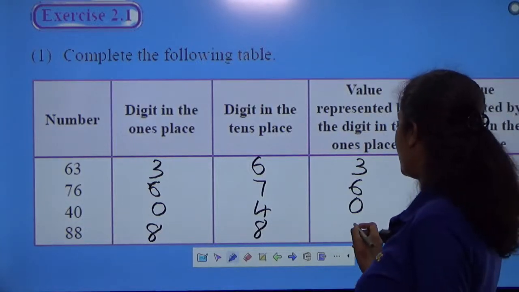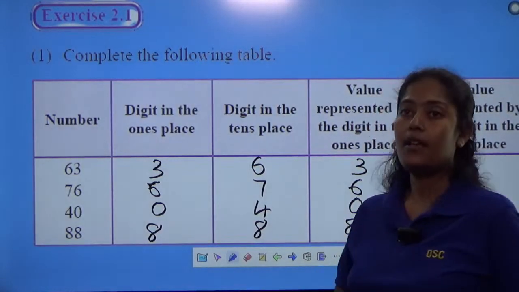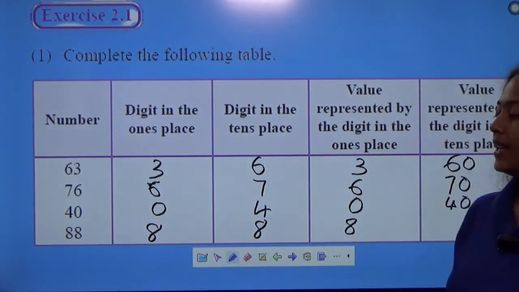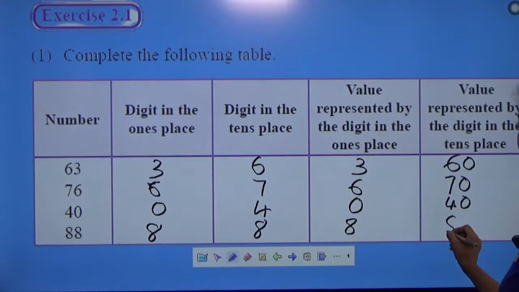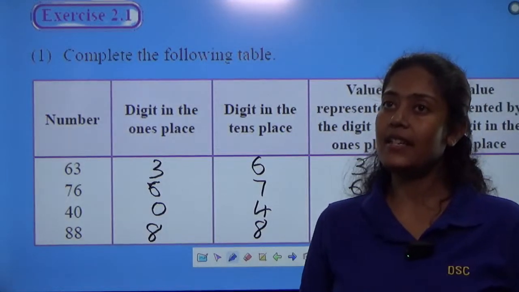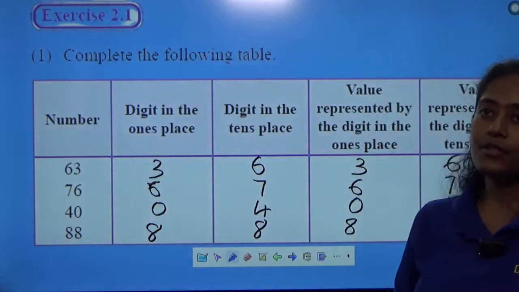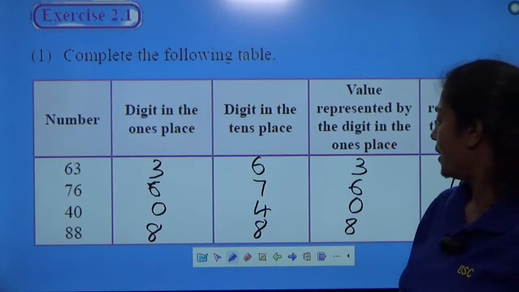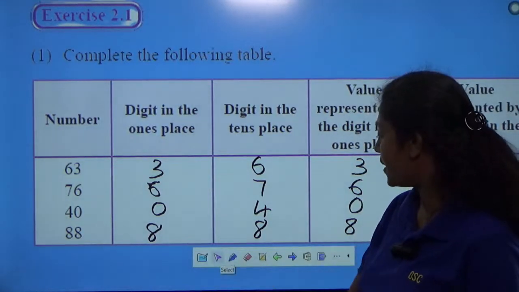Yes, 8. Then the value represented by the digit in the tens place? 80. Right. I think now you can understand clearly what the place values are. Shall we move to the next part?